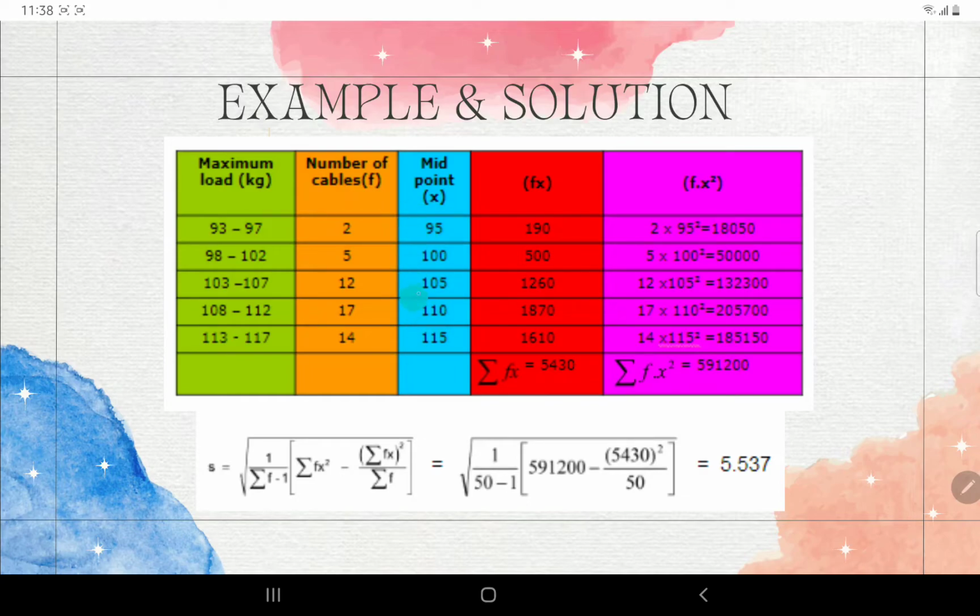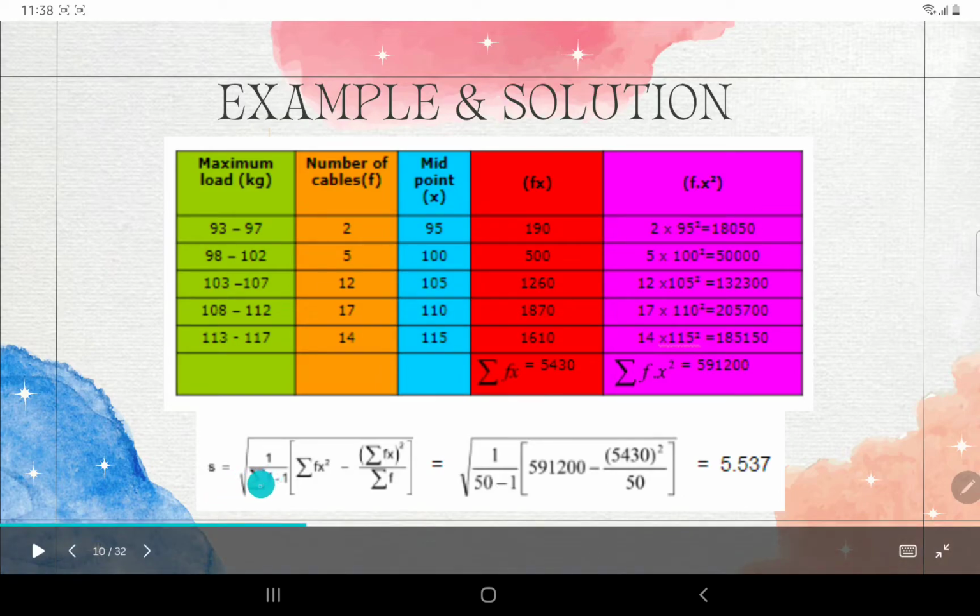The midpoint is x, and then fx. fx means we multiply the second column and third column, and then here we need to find f multiplied by x square, which means we square our third column and then multiply with the second column, to find fx square. Then just insert in the formula for sample standard deviation.